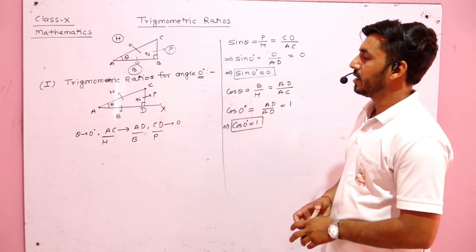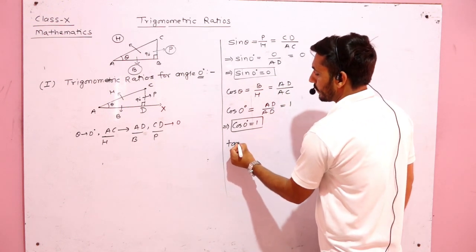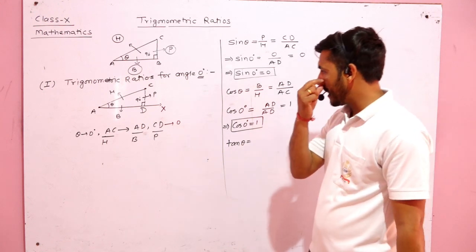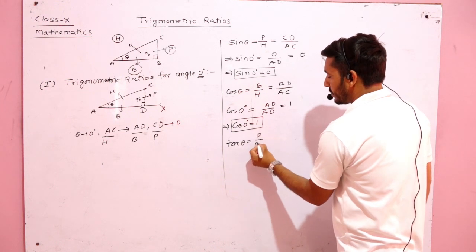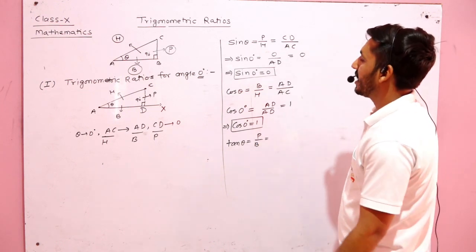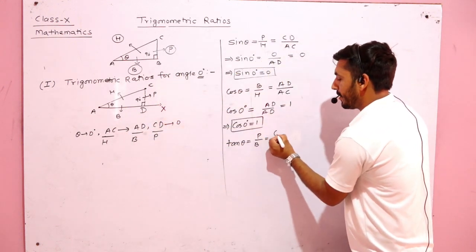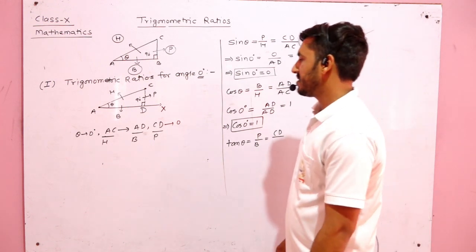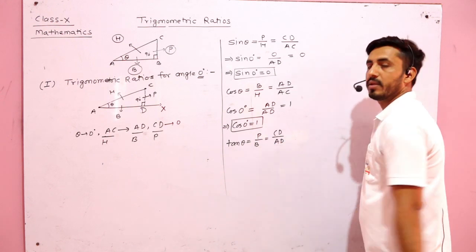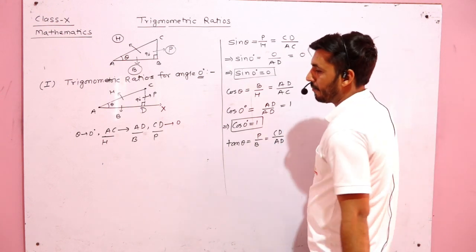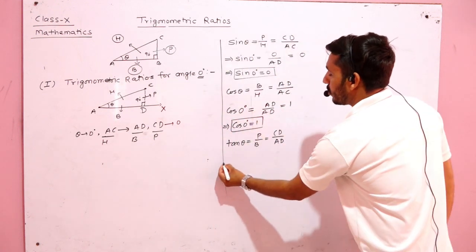In the third condition, we will get tan theta. What is the value of tan theta? Tan theta is given by perpendicular upon base. What is the perpendicular? We can see here in this diagram, perpendicular is given by CD. Then the value will be CD upon, what is the value of base? It is equal to AD. Then CD upon AD.